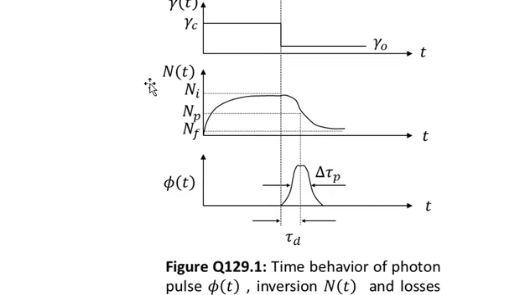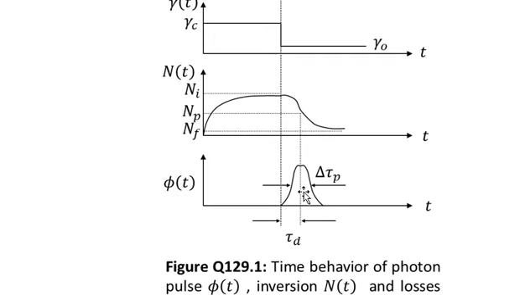that is N of t, the inversion as a function of time, has been plotted on the vertical axis versus the time t. You can see that N of t has been labeled with three values: Ni, which is the initial population inversion just before the Q switching process; Np, the population inversion that corresponds to the peak of the photon pulse.